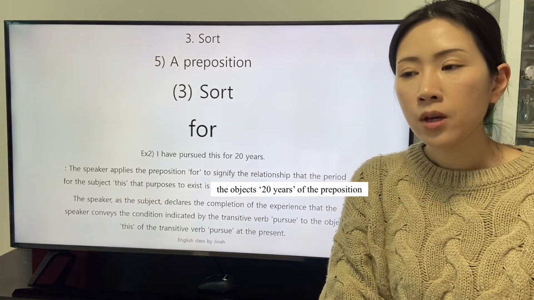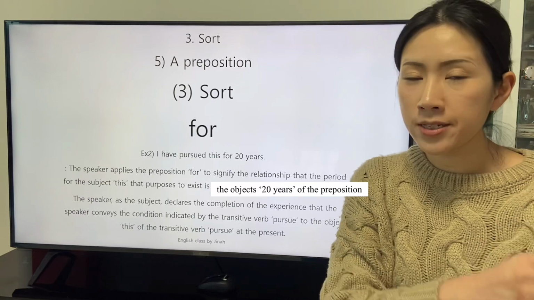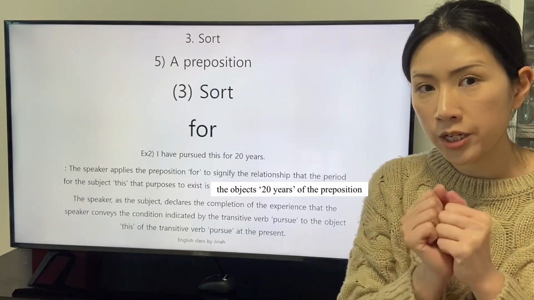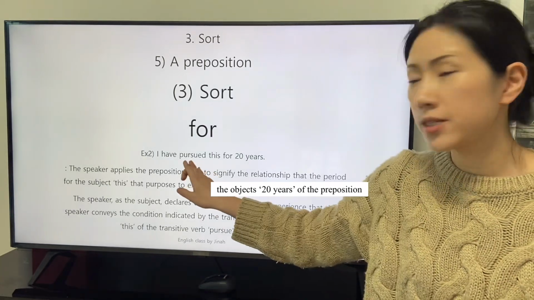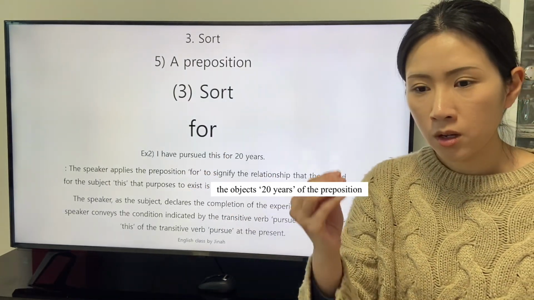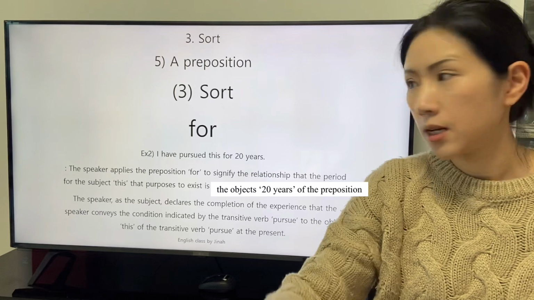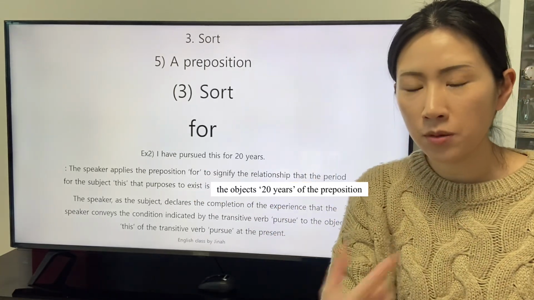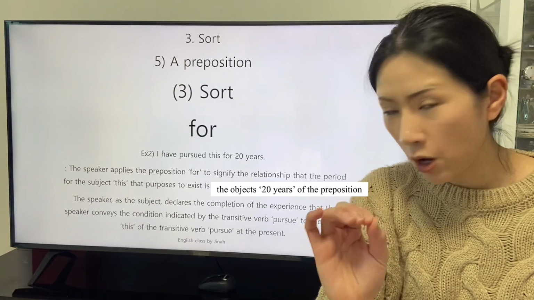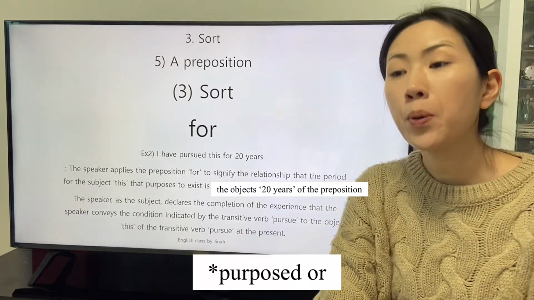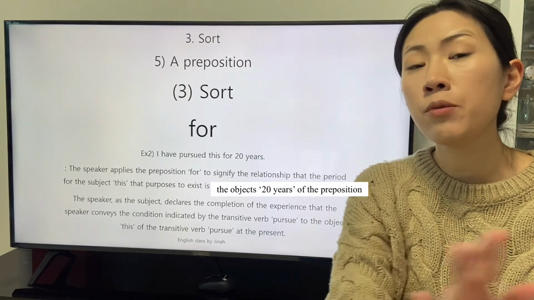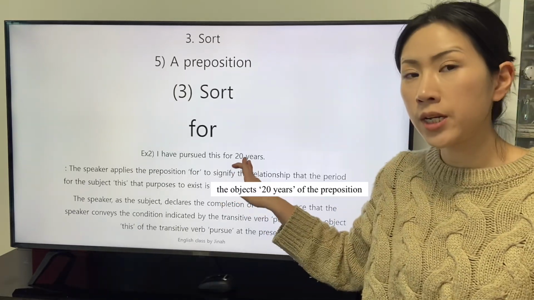Every time the speaker actualizes the condition indicated by the transitive verb pursue, the object this gets the condition from the speaker. The object this purposes to last during the period of 20 years.